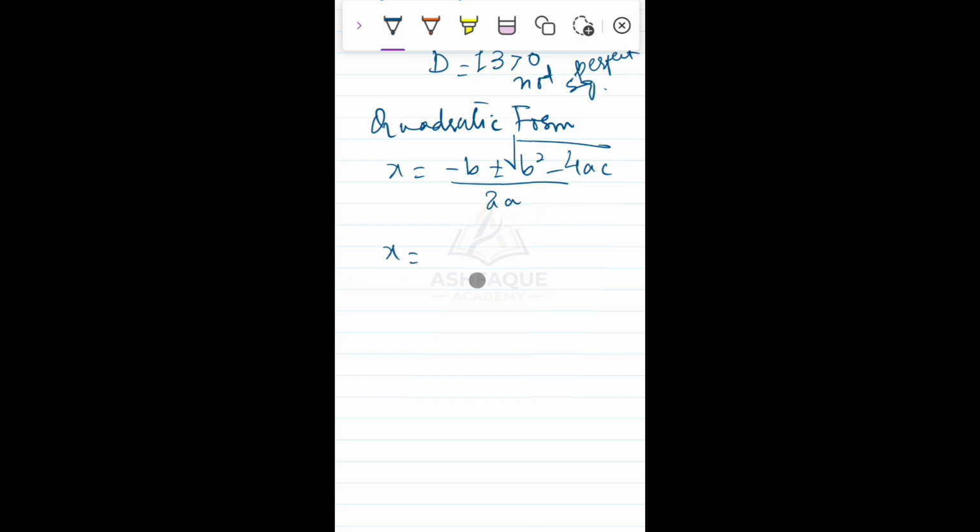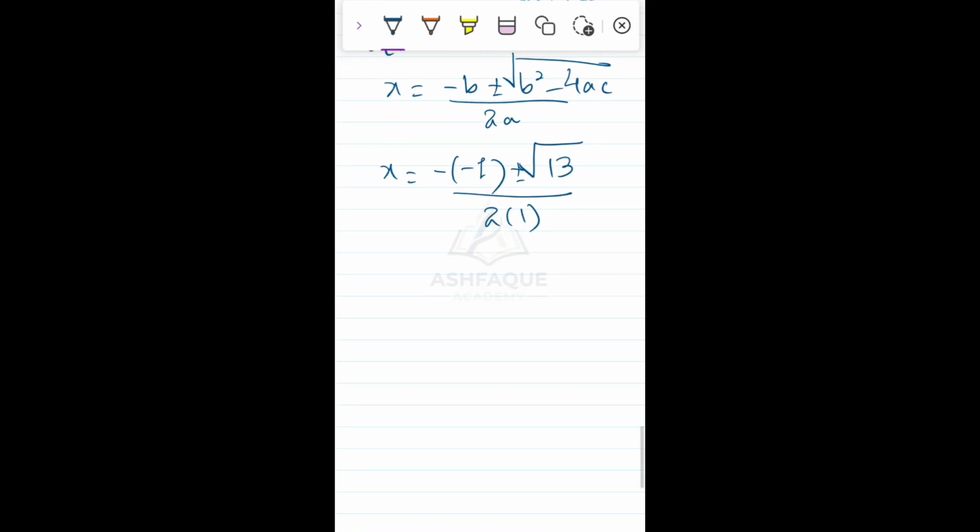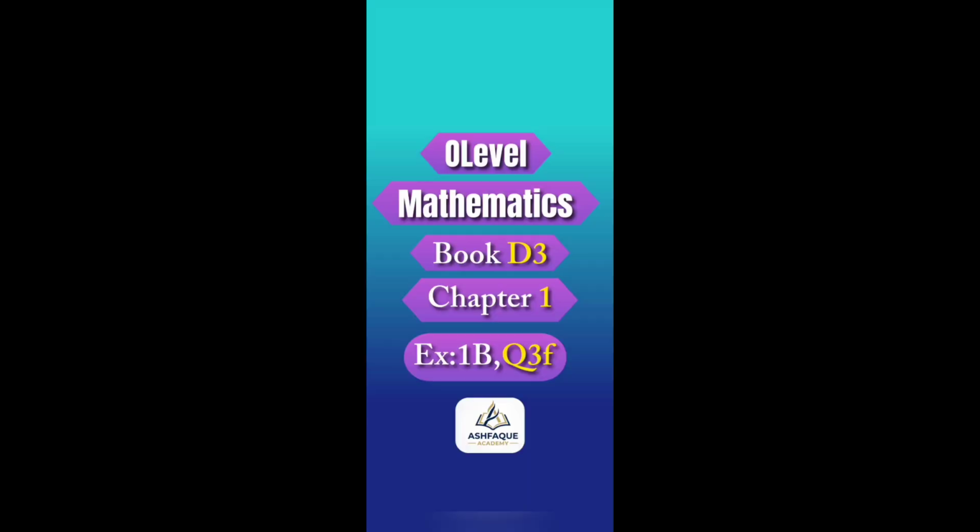So x equals minus 1 plus minus the square root of b square minus 4ac, that will be equal to 13, divided by 2 into 1. So the final answer will be x equals 1 plus minus under root 13 upon 2.